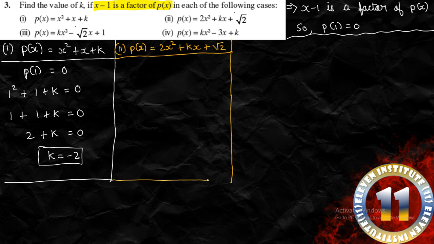That's it. Right, so let us again take p of 1 is equal to 0, because x minus 1 is a factor of p(x). So instead of x we will write 1 again.